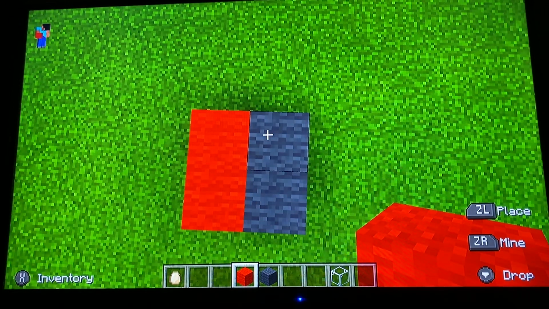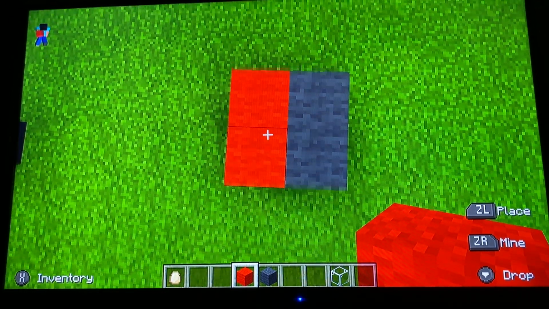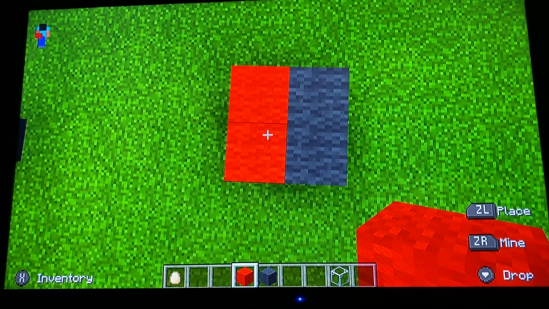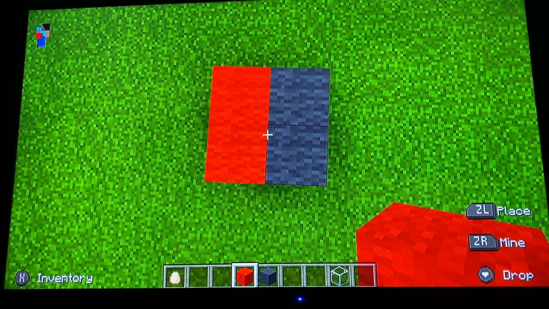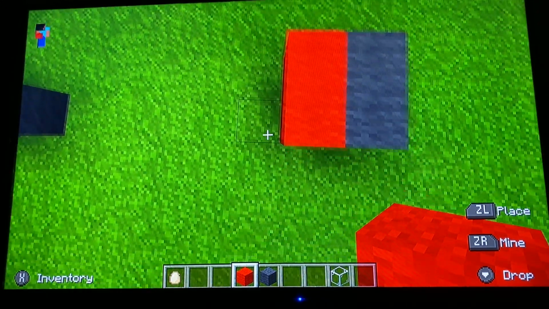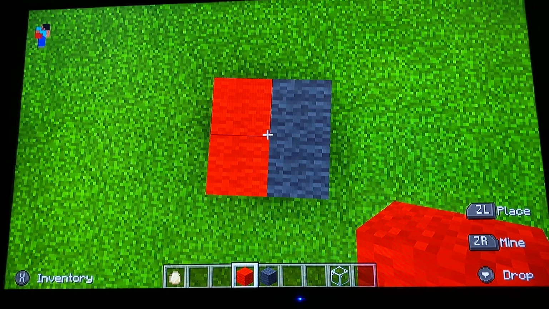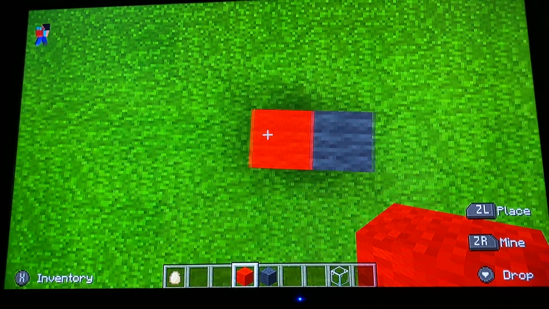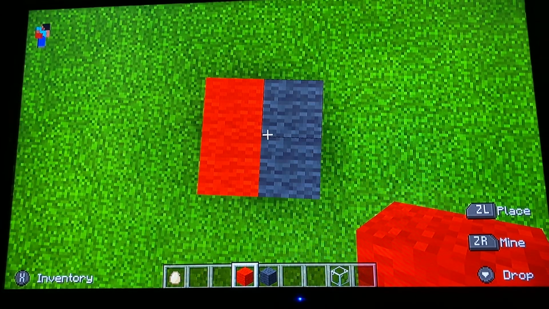But let's count them out. 1, 2, 3, 4 total. 2 of them are red. So this fraction is actually 2/4. But 2/4 is going to be the same as 1/2 because half of our shapes are red. So this is 1/2. This is 2/4, but it's the same as having 1/2.